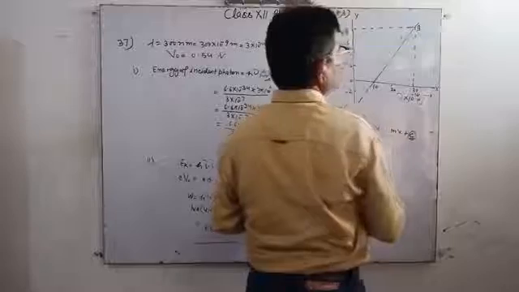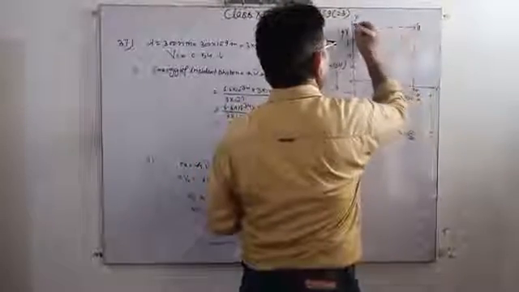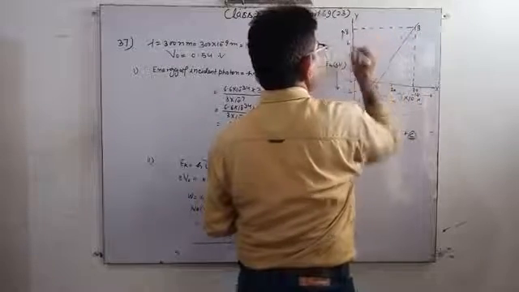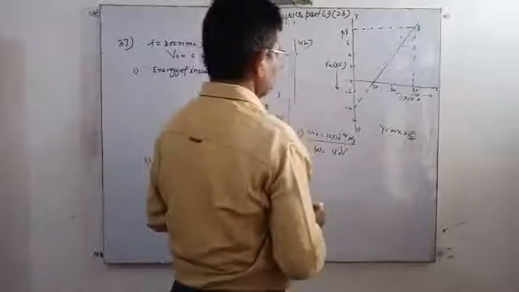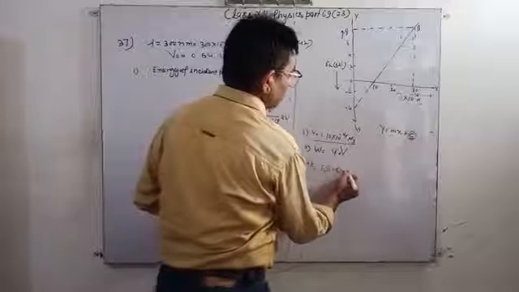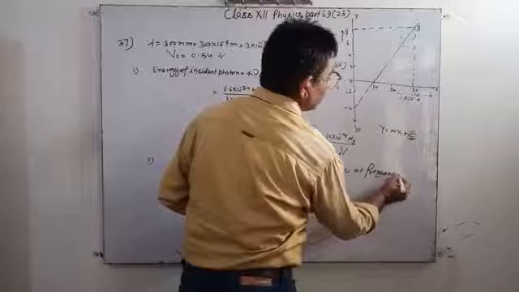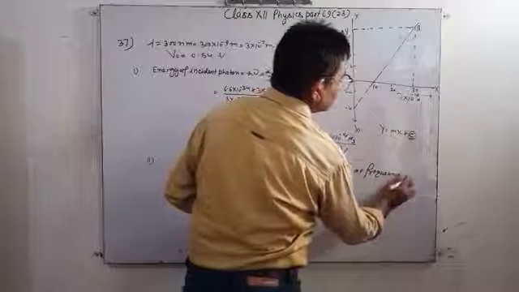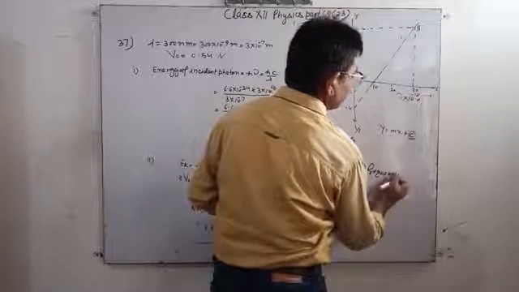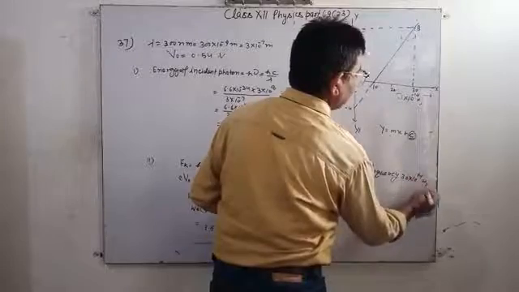It intersects at point B. We draw a perpendicular line to the y-axis from this point. It intersects the y-axis at 8, so the maximum kinetic energy is 8 electron volt at frequency 30 × 10^14 hertz.